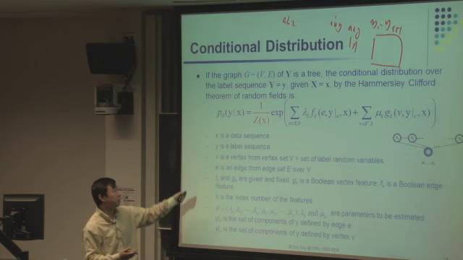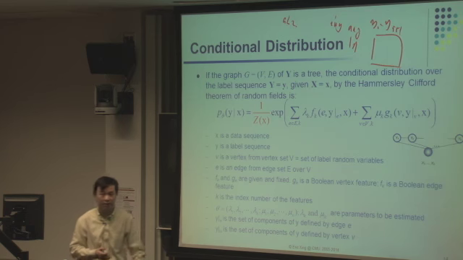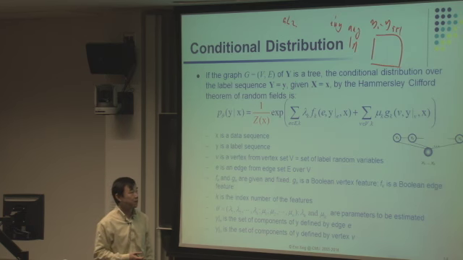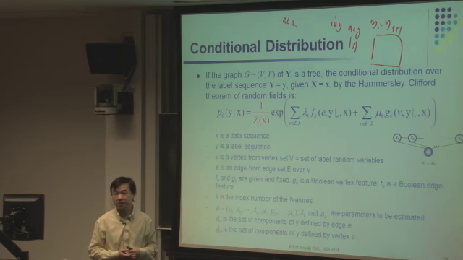You're going to define the likelihood like this over the training sequences. You're going to estimate the lambda and the mu against that training sequence. Right? So that's the general idea of parameter estimation. But the fact that this model is an example of the exponential family distribution makes the procedure rather easy. In fact, the procedure in here is no different from what you do in estimating a logistic regression.